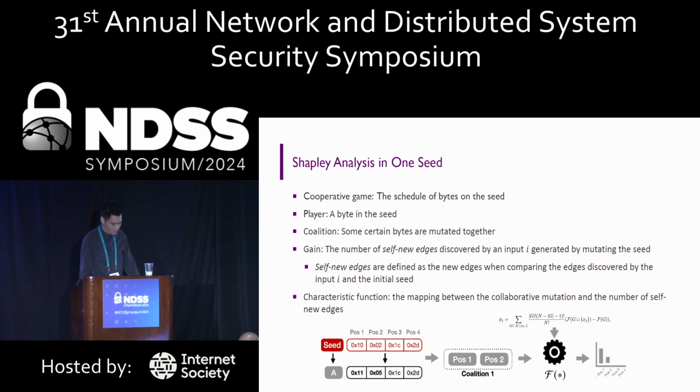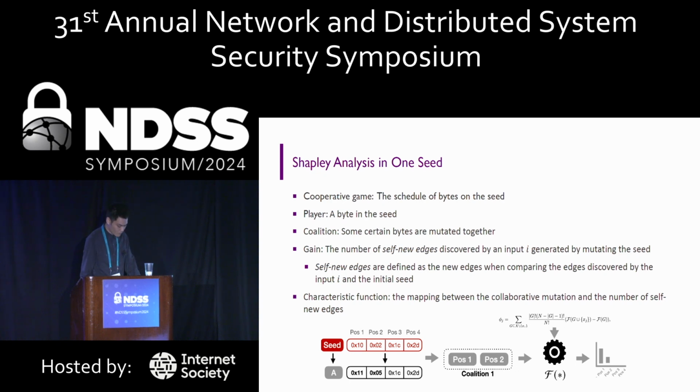Since coverage-guided fuzzing aims to discover new code, we define the gain as the number of new discovered edges by an input. Finally, the characteristic function is a mapping from the collaborative mutation to the number of new edges found.